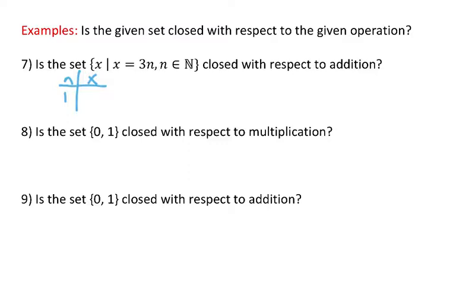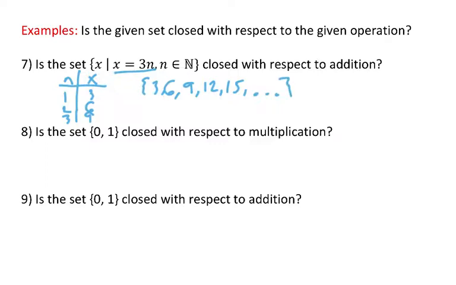If n is 1, then from the formula, x would be 3. If n is 2, x is 6. If n is 3, x is 9. So pretty quickly you realize that this set is the set of multiples of 3: 3, 6, 9, and we could go on to 12, 15, and so on.